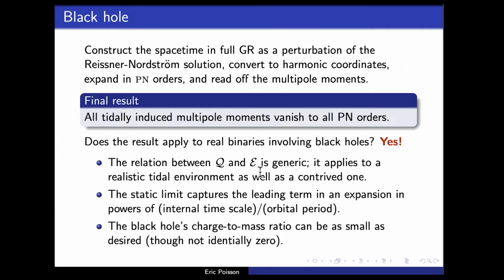So there could be loopholes in this that would tell you that, yes, you're correct, that there are some limitations to this. And in fact, the real Q for a real black hole in a real tidal environment might turn out to be very different from the 0 result that I claim here. Could be. I don't have an answer to that.